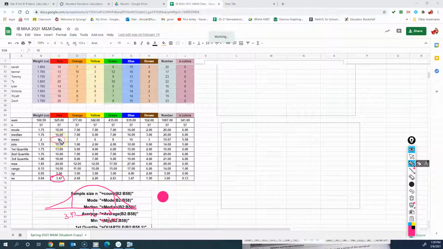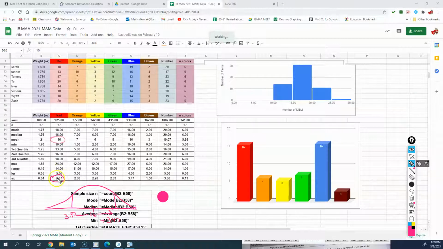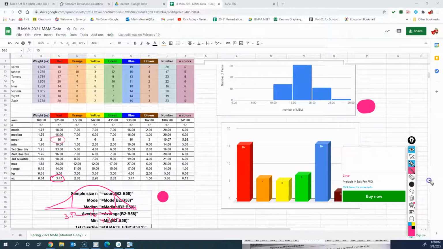Most bags of M&Ms would have between 19 and 13 M&Ms in them. I'm doing 16 plus 3.5, 19.5, and 16 minus 3.5, which is 12.5. So most of the packages would have between that many M&Ms in them.